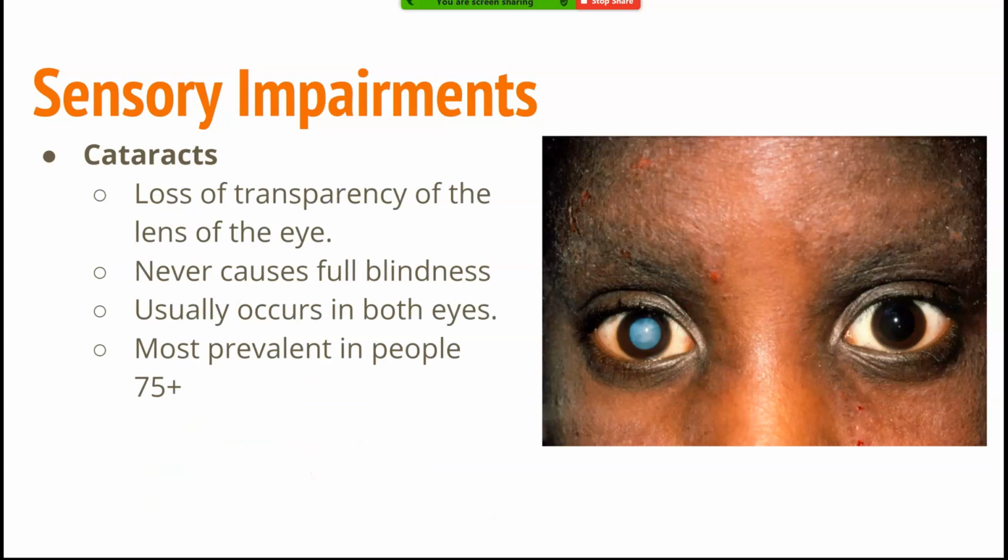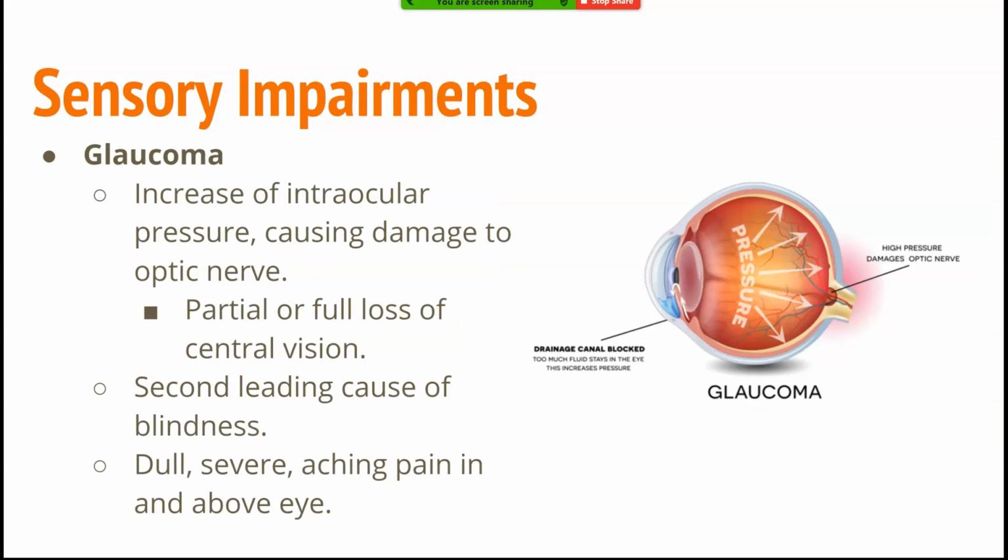Cataracts, most of the time this is treated through surgery, but it is a transparency loss of the lens of the eye, so it's kind of like looking through fuzz. Usually it's in both eyes, usually over the age of 75. Glaucoma is one of the main causes of blindness. It's an increased intraocular pressure that causes damage to the optic nerve, kind of like an aching pain in and around the eye.